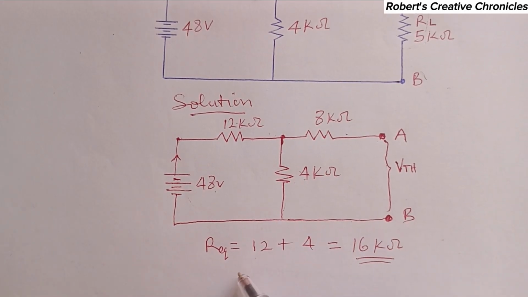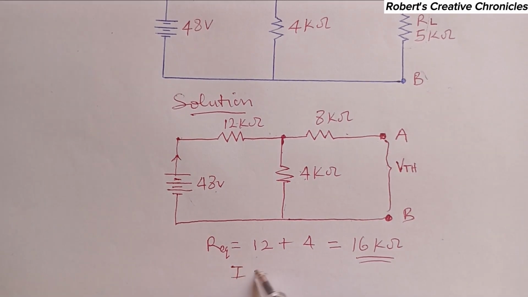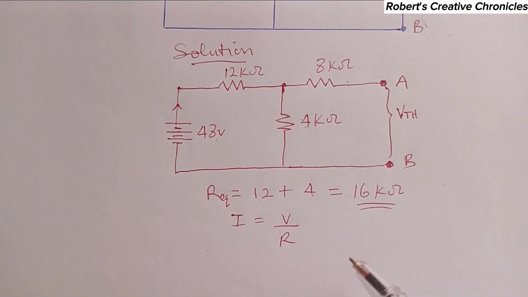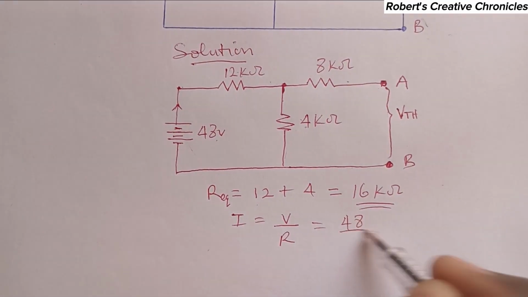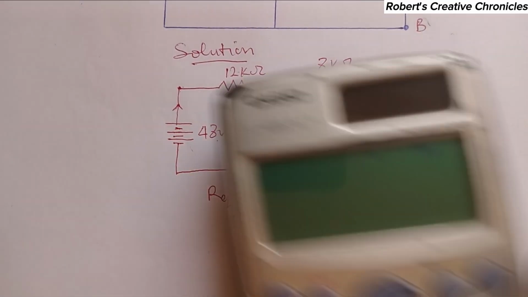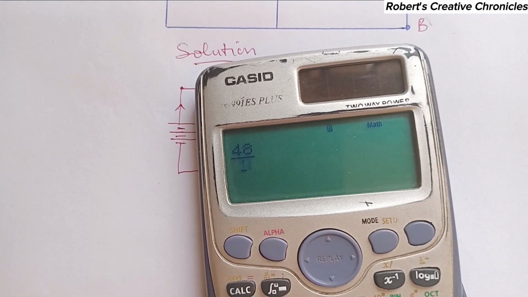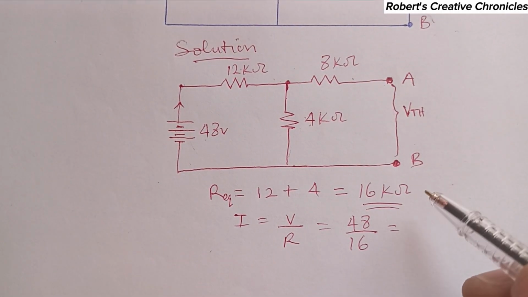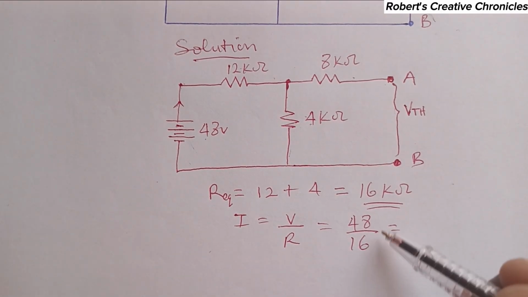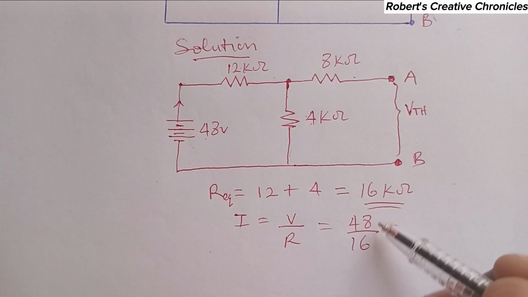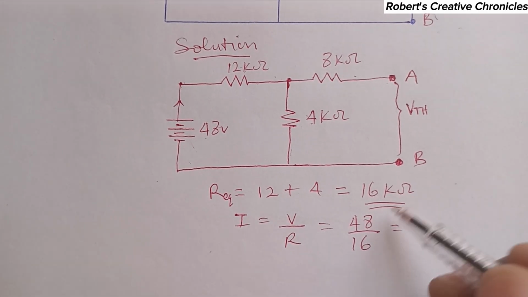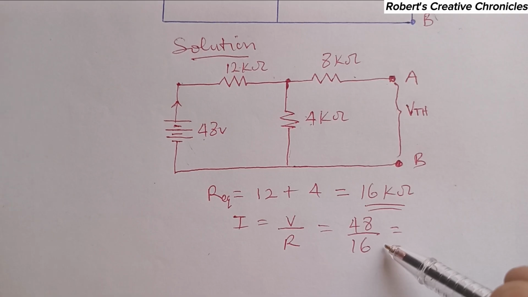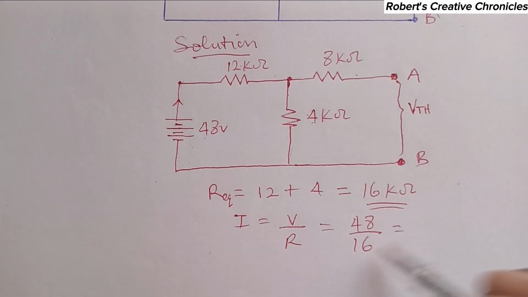So to find the current, current is equal to voltage over resistance, according to Ohm's law. So it will be 48 over 16. This is 48 volts divided by 16 kilo ohm, so it's like 48 divided by 16,000. 48 divided by 16 is 3.